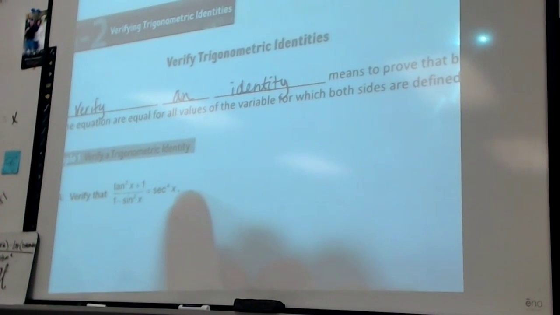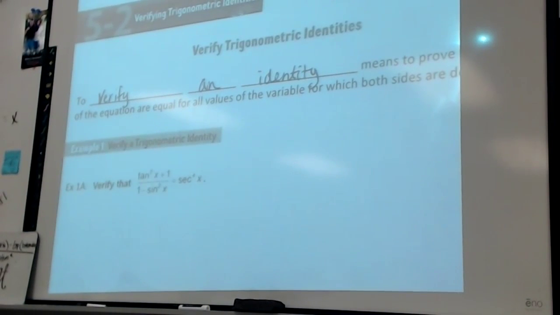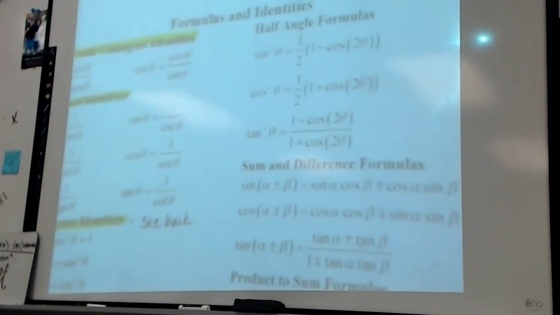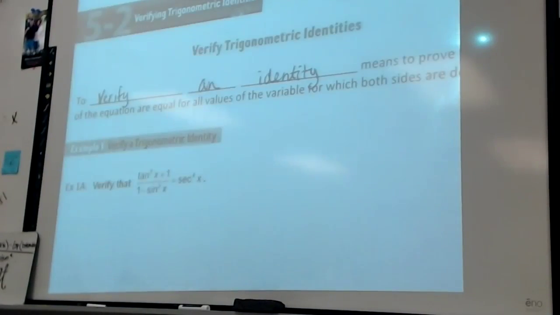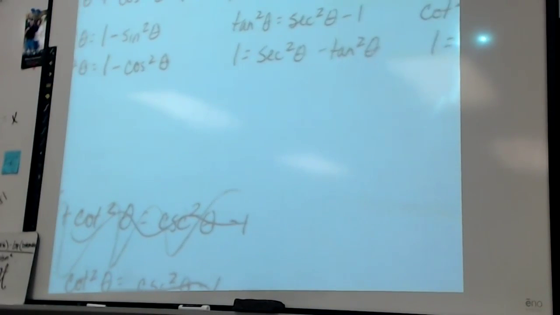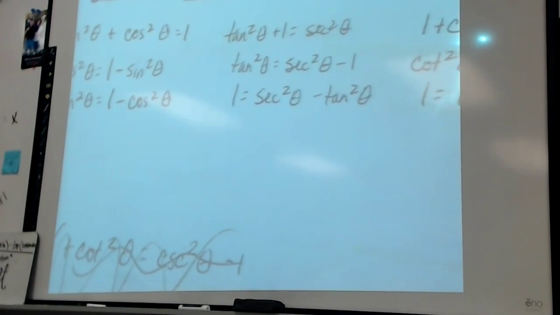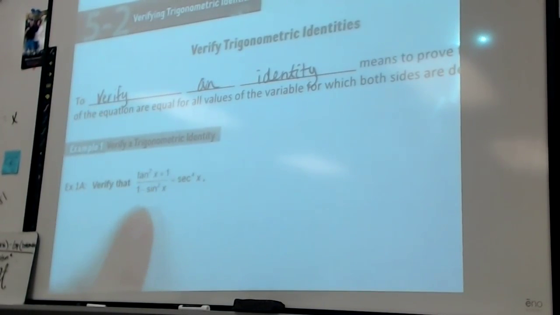Okay, so we need to get our trig identities out. Okay, these things. And we're going to be using the Pythagorean identities on this first one. If you'll notice all those squares, tangent squared, sine squared.